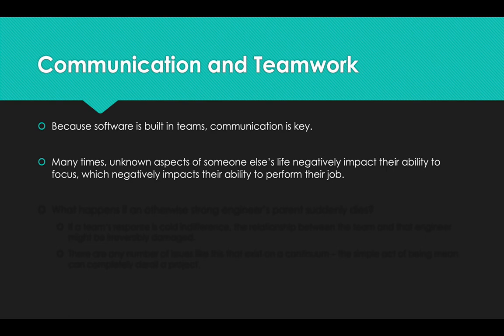So one of the things to think about, particularly in the age of COVID, is that you don't necessarily understand how someone else's life is going outside of work. So you don't necessarily know if someone is not providing a lot of good software, a lot of good code, or a lot of good testing because they're not good at coding or they're not good at testing, or if they're just having a really hard time because a family member just died or something like that.